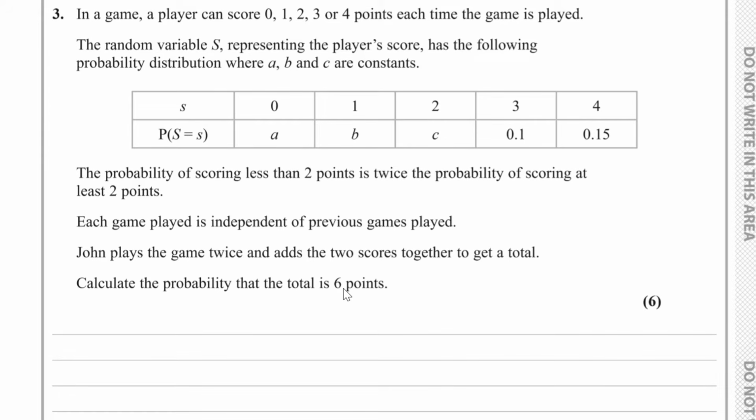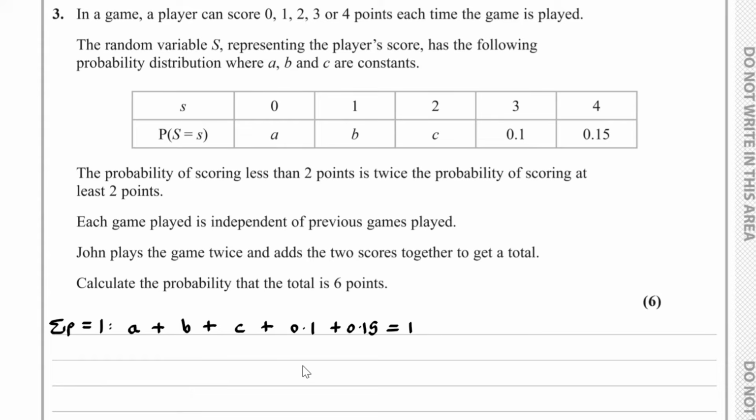Well, to begin with, whenever I see a question like this, I think to myself, probability adds up to 1. So, if probability adds up to 1, we see here the probability of scoring a 0, which is A, plus the probability of scoring a 1, which is B, plus the probability of scoring a 2, which is C, plus the probability of scoring a 3, which is 0.1, plus the probability of scoring a 4, which is 0.15.